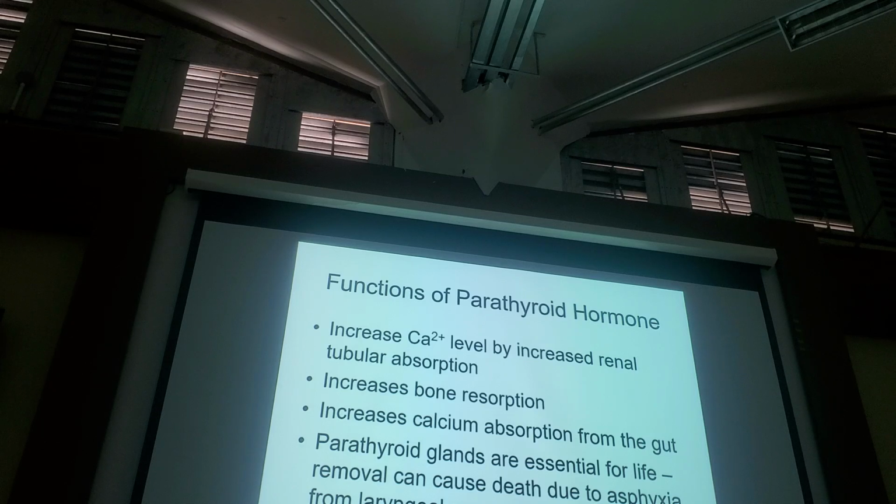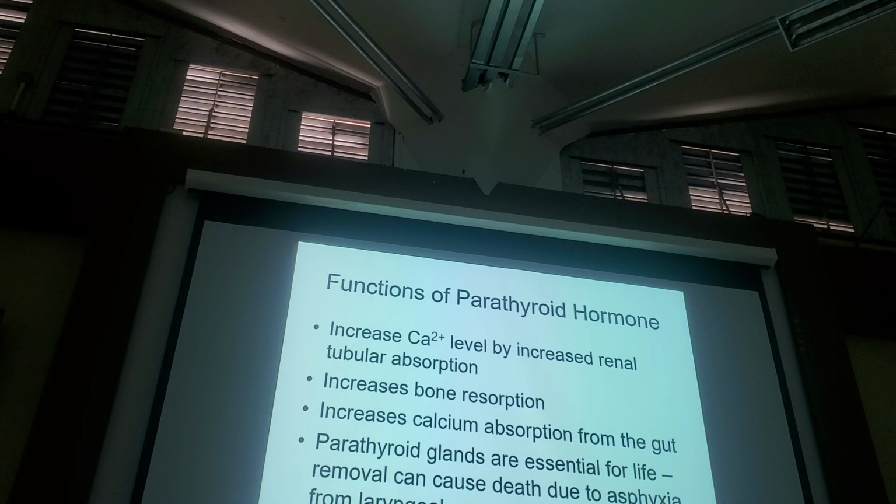Functions. The functions of the PTH include increased calcium level by increased renal tubular absorption.